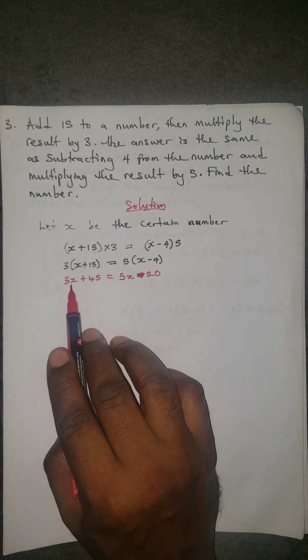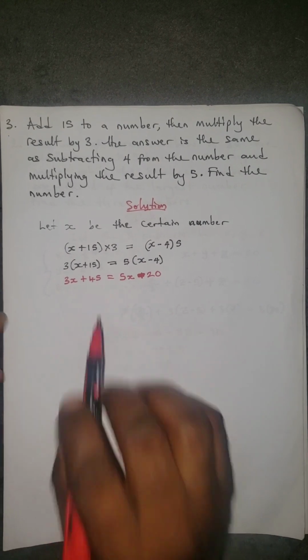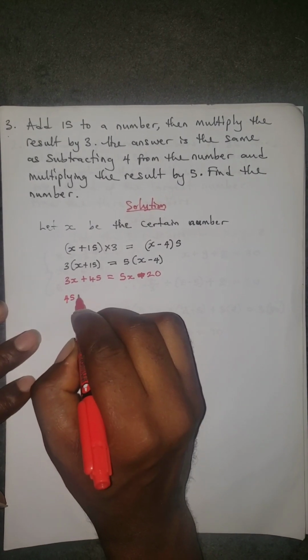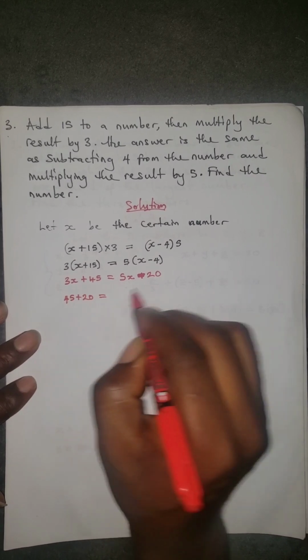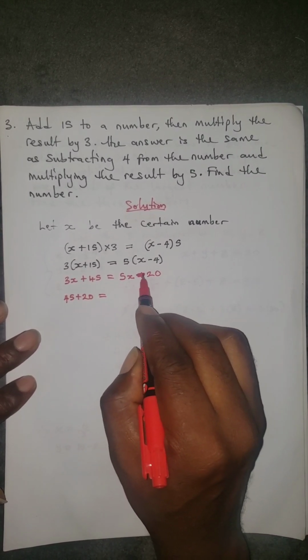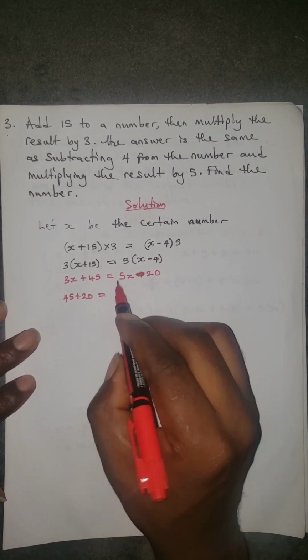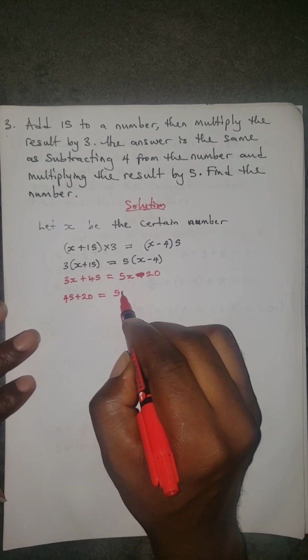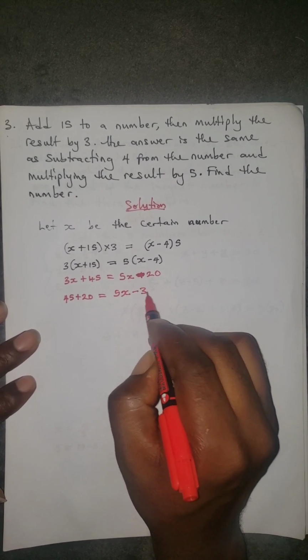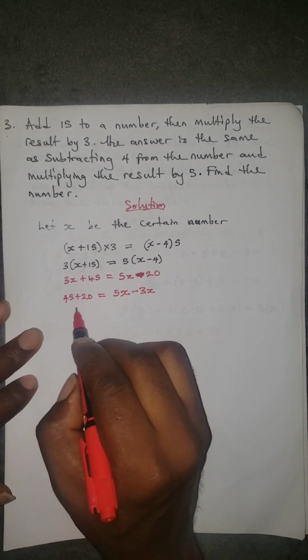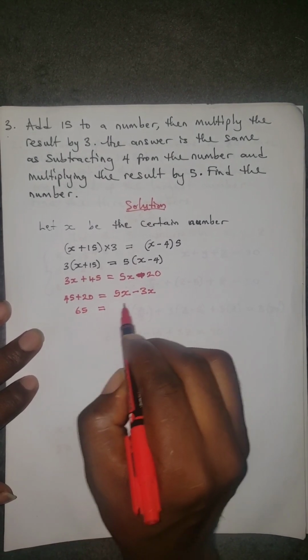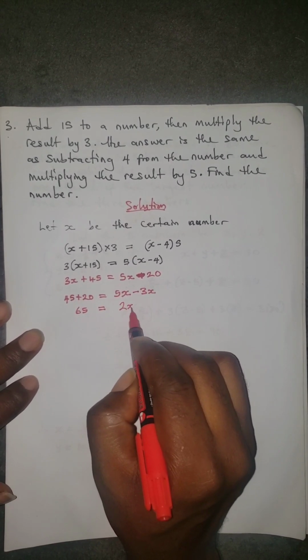So I'm going to carry this one here, then bring this one here. So I have 45 plus 20 equals, so this is minus 20, please. So when this one crosses over, you have plus 20. So equal to 5x minus 3x. So this will give you 65 here, equal to 2x.